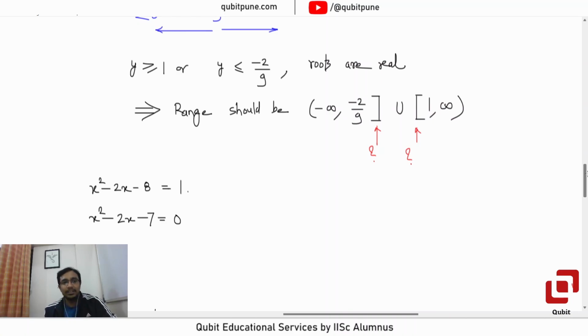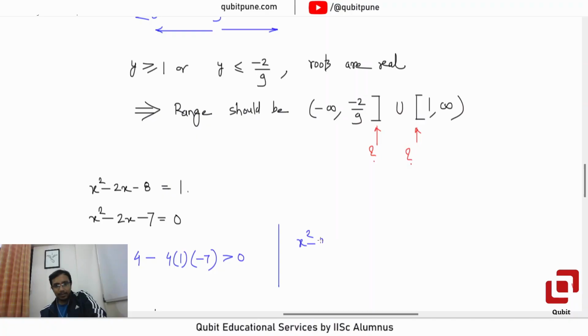That's what I need to check. b squared is 4 minus 4ac. No, it is actually giving us a positive root.